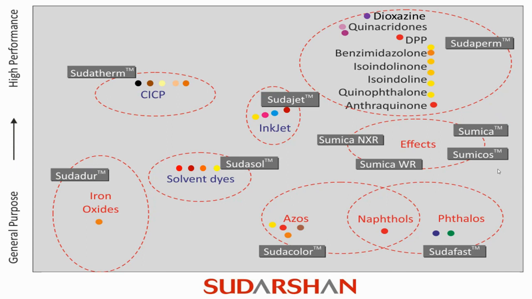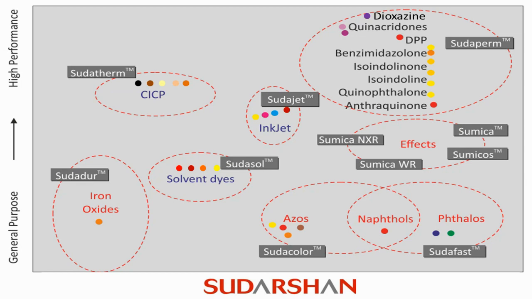So all of our performance aspect here is on our portfolio here, and the yellow color shows up in each of the areas. Our high performance pigments are in the Pseudoperm brand. Our CICPs is our Pseudotherm brand. Inkjet has its own category for Pseudojet.